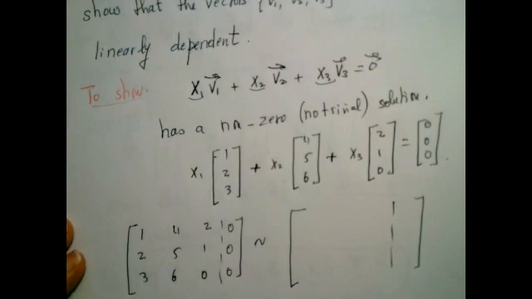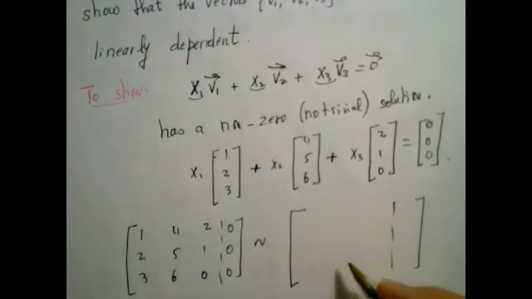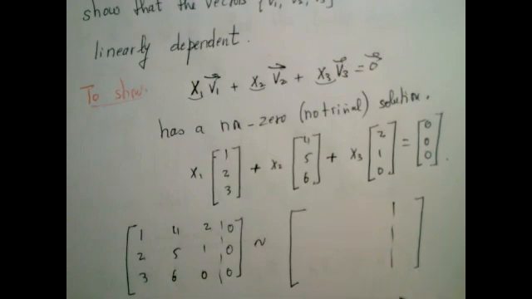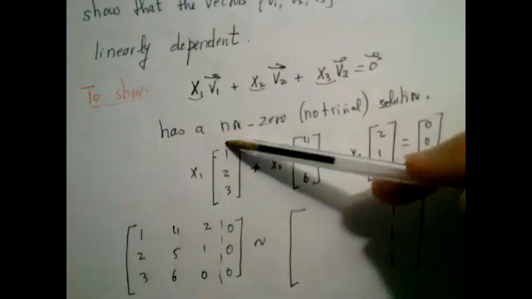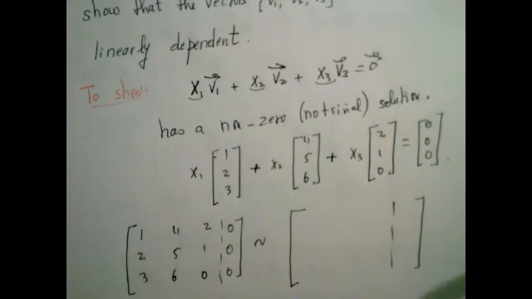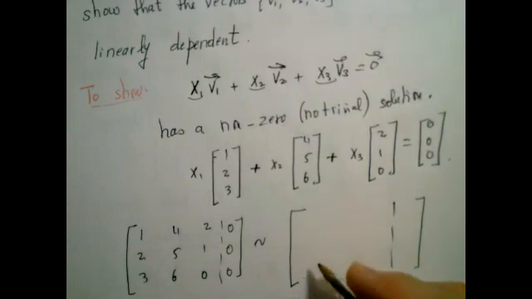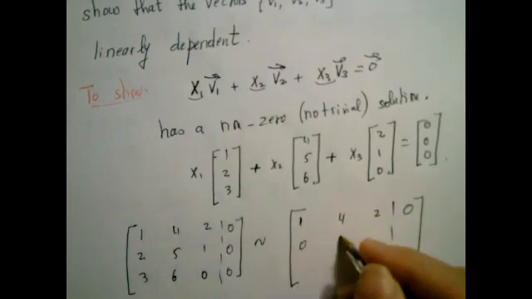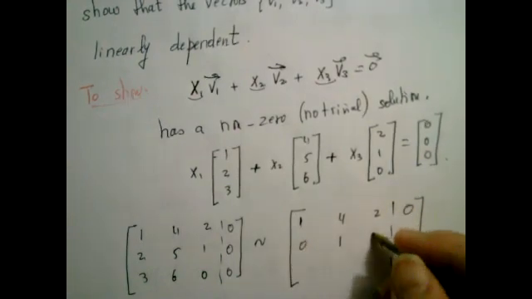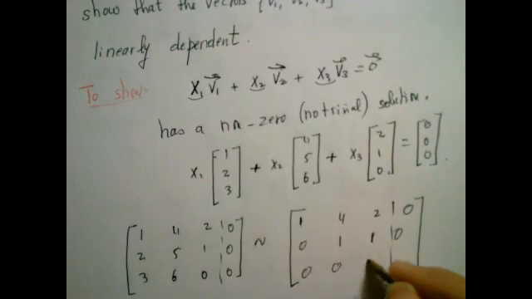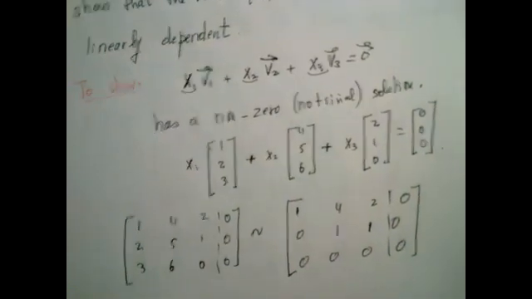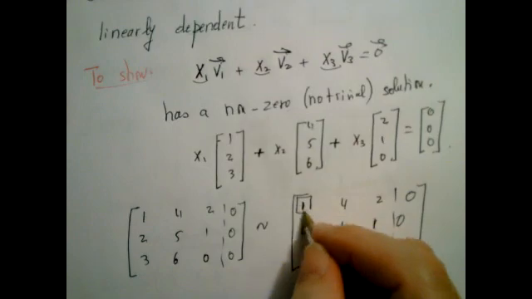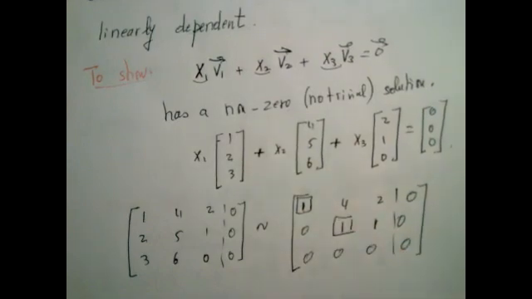As usual, I will just give you the reduced form. I don't need to go to the reduced echelon form because my question is, does it have a non-zero solution? I'm not really asking you to solve it at this stage, so I will stop at the echelon form. I get 1, 4, 2; 0, 1, 1; 0, 0, 0. This is a leading one, this is a leading one.